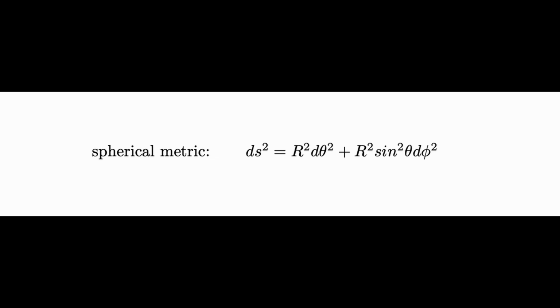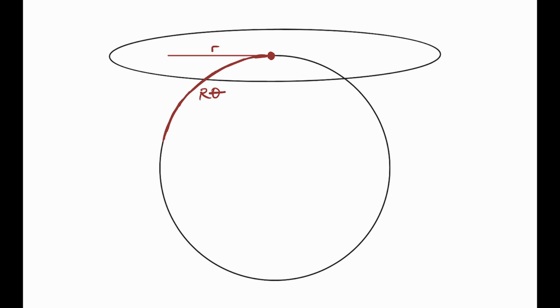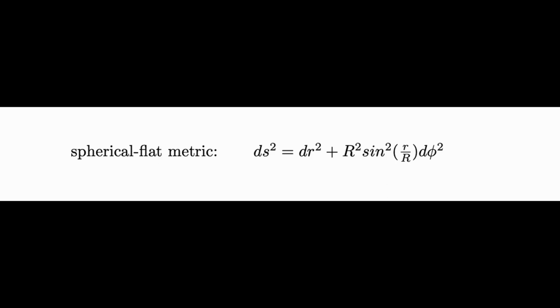If we are walking straight in the radial direction, the spherical metric tells us that the total distance traveled will be R times theta, which we can then define as lowercase r corresponding to the r in our flat plane coordinate system. Now, through the magic of calculus, we can rewrite our spherical metric as a spherical flat metric, which is just the spherical metric in terms of r and phi.